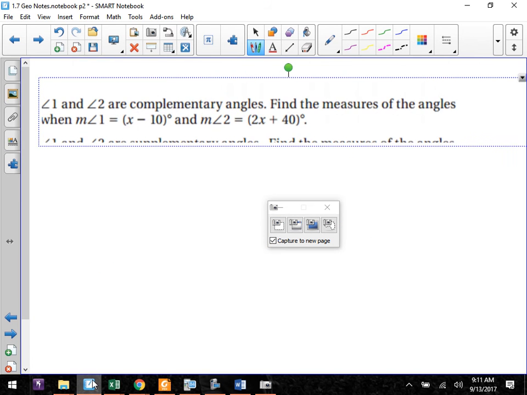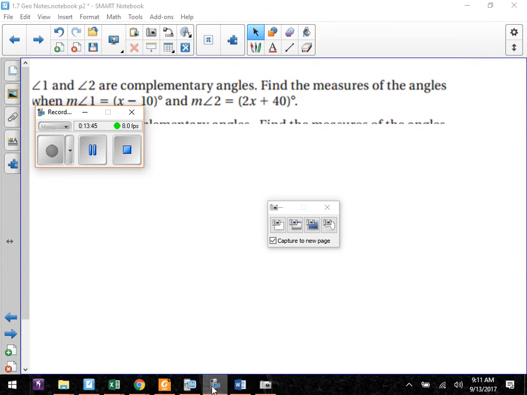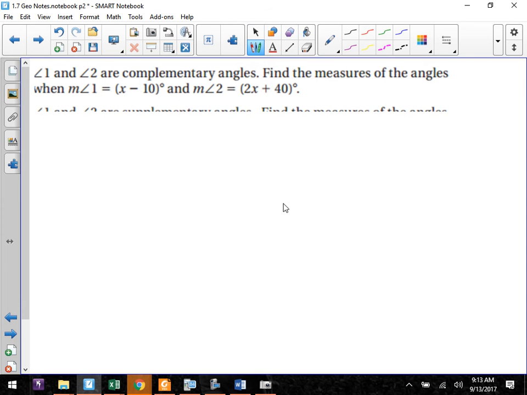Take a second. Do this one. Good. I got it. So they have to add to equal 90. So you have x minus 10 plus 2x plus 40 is 90. 1x and 2x is 3x, negative 10 and 40.